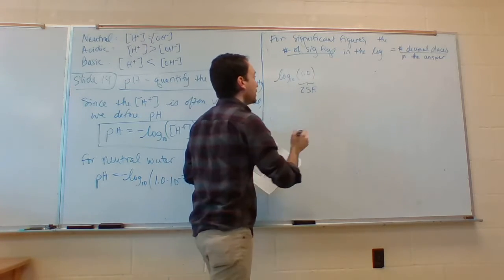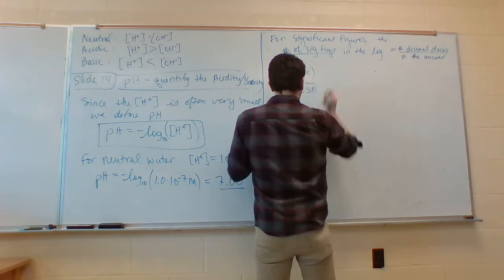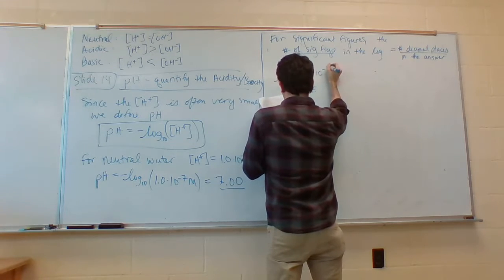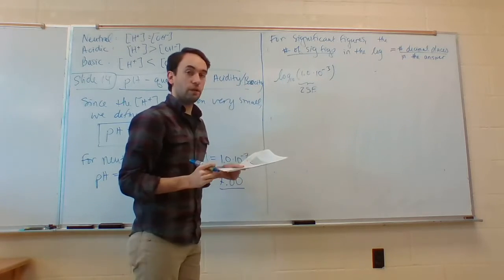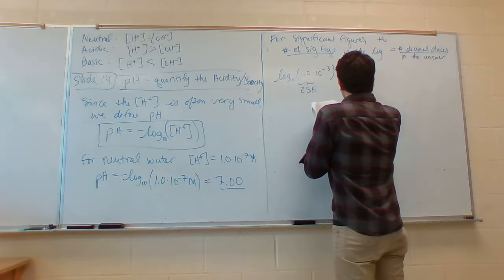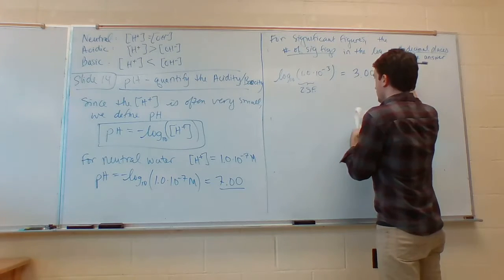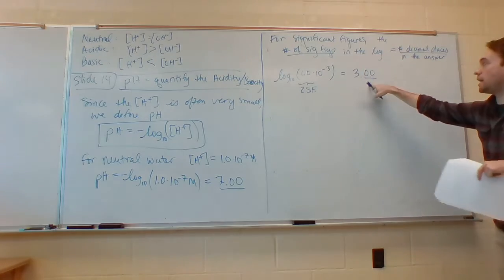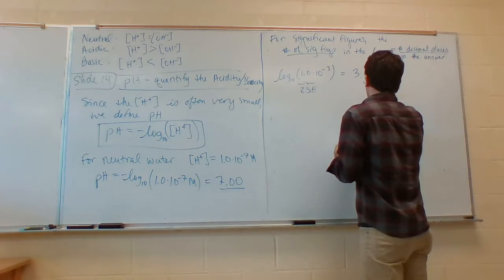We have two significant figures in our log, and that's equal to two decimal places in our answer. So this would be equal to 3.000, and so on, but we're going to cut it off such that it says 3.00 with two decimal places.